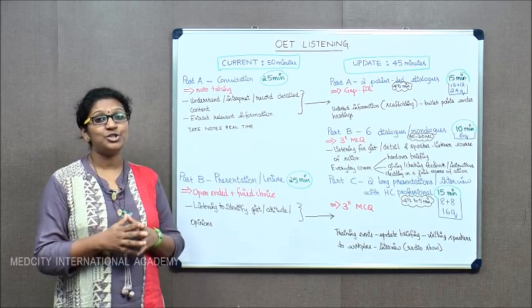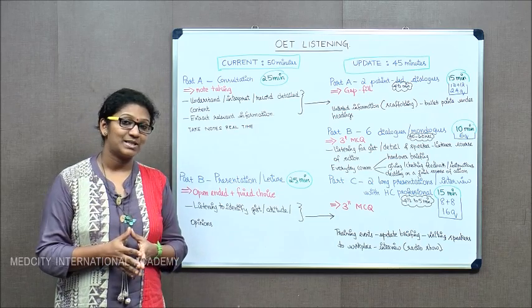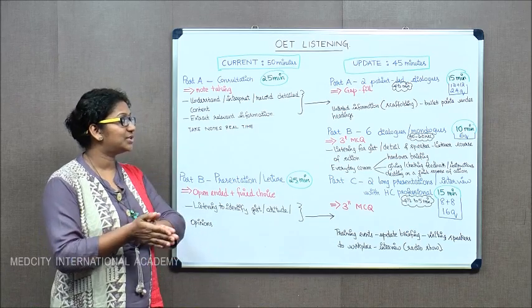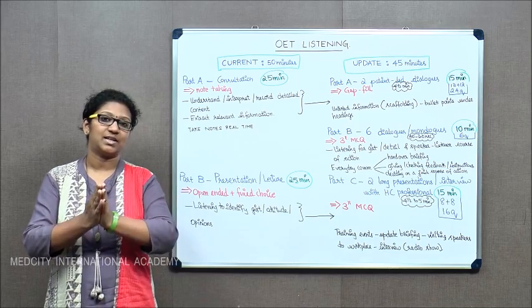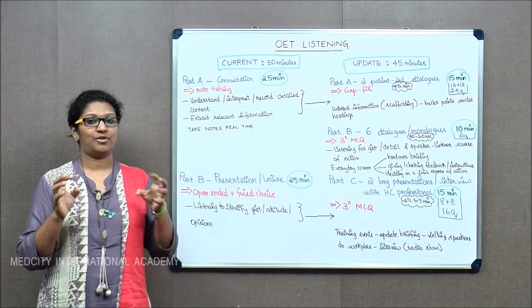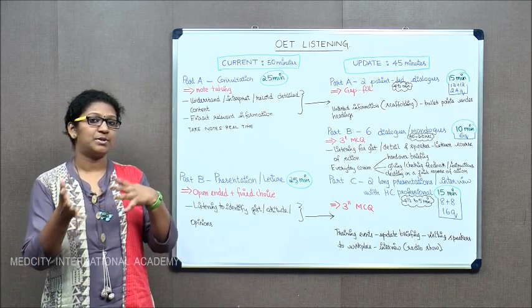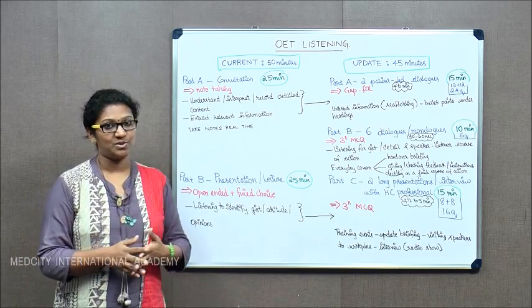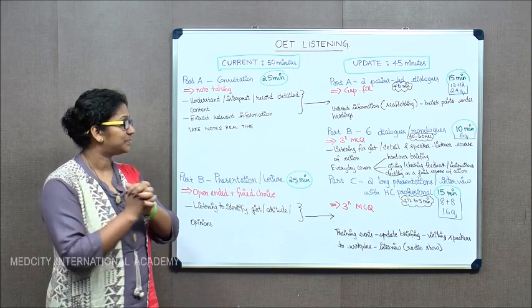And because there are 2 patient-led dialogues, you have 12 questions each, which totals to 24 questions. So in part A, you will be answering around 24 questions. In the current format, there is no fixed question type as such. So it could range between a particular number to the other. But in the updated version, you will just have to answer 24 questions, which is fixed.